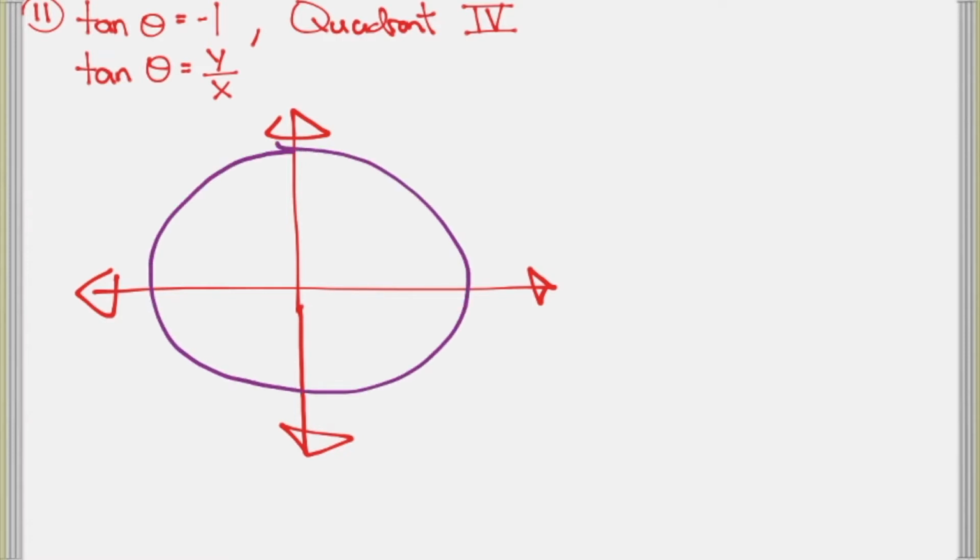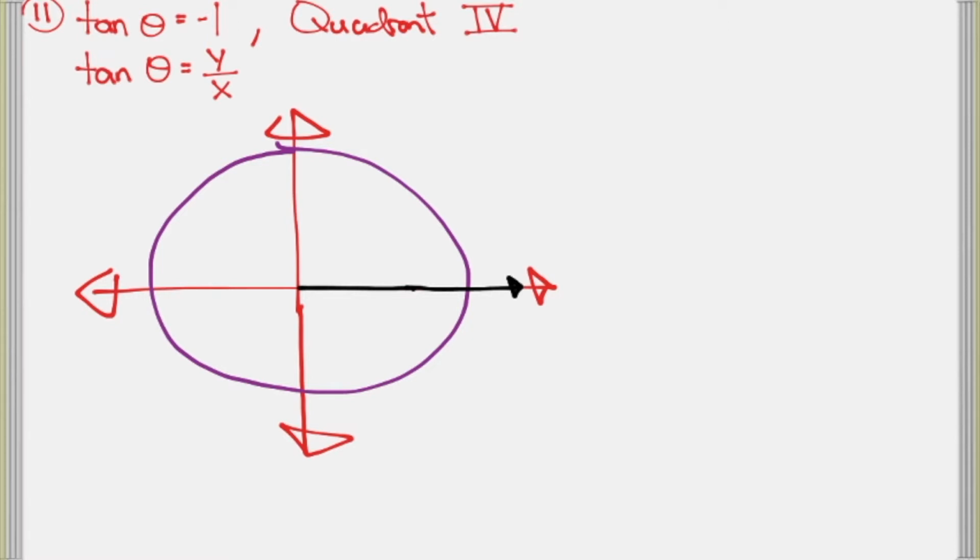Let's imagine that's the unit circle, and then we have our initial side here. That's the initial side of our angle on the positive x-axis. Now we need that terminal side, which we know is in quadrant 4, and we know it results in a tangent value that is -1.